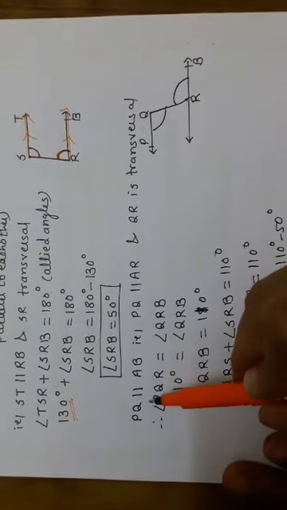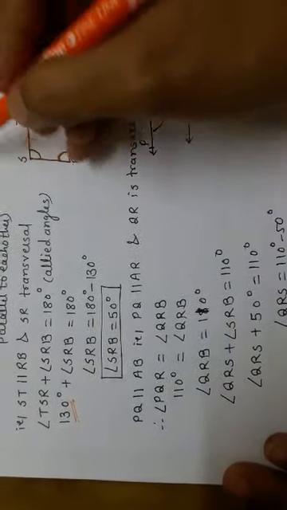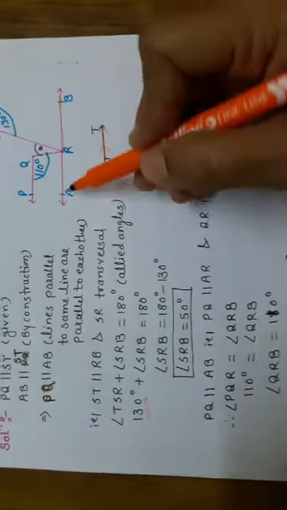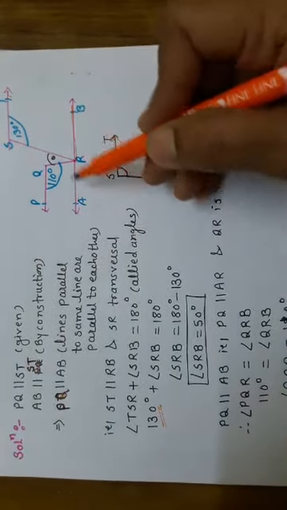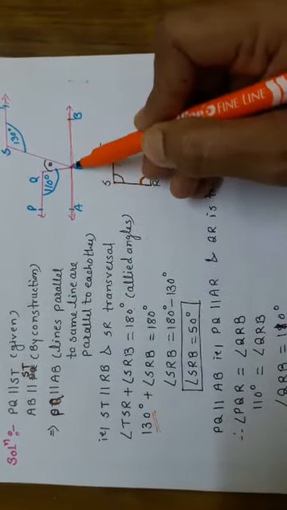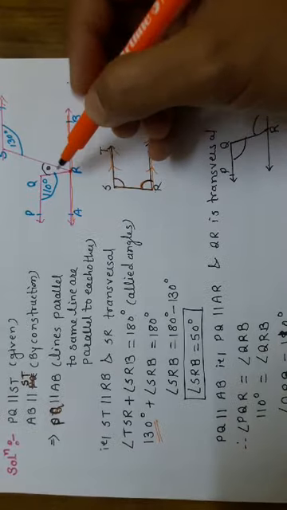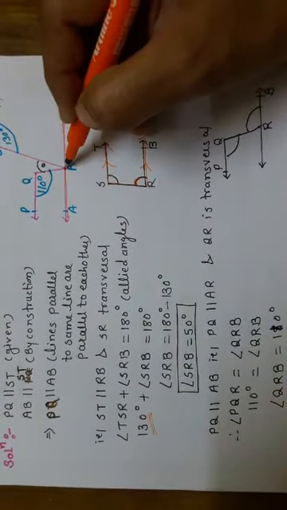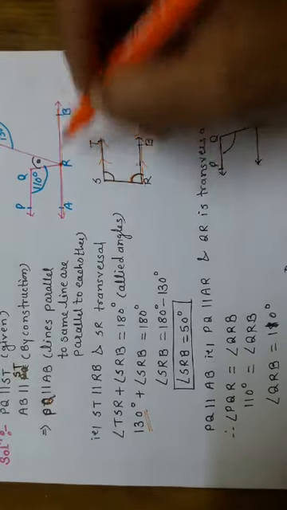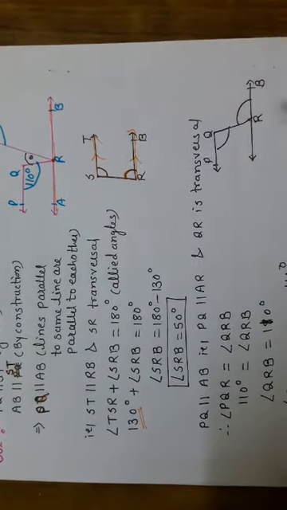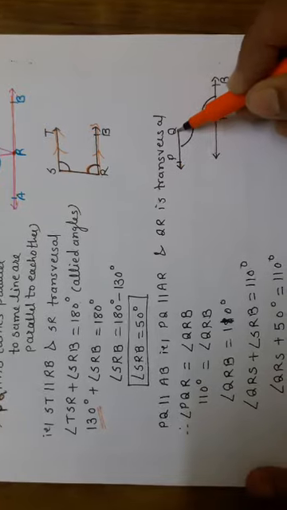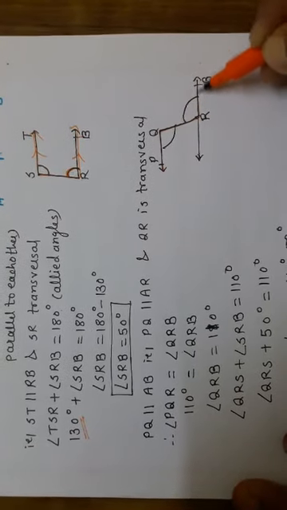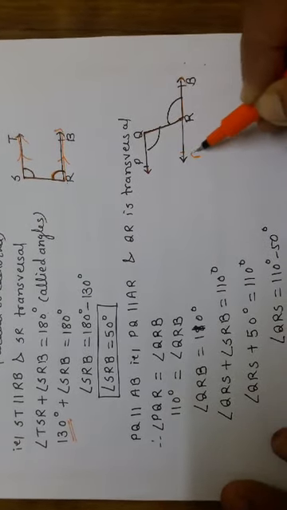Next, we have seen here that PQ is parallel to AB, means PQ is also parallel to AR. Now, we find here that QR is a transversal of these two lines. See here, that diagram I have also drawn: PQ and here is AB, parallel.